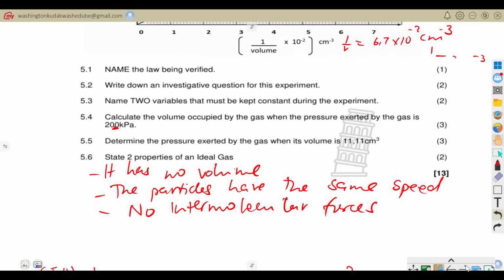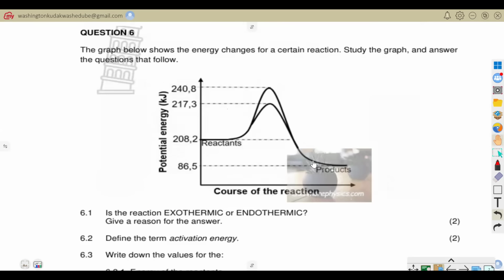Now let's go to question number 6. We are almost done, guys. This is the second from last question. This is energy and change. Once you start seeing these diagrams, it's energy and change. The graph below shows the energy changes for a certain reaction. Study the graph and answer the questions that follow.